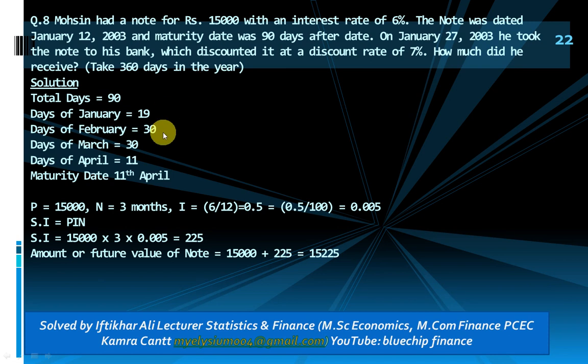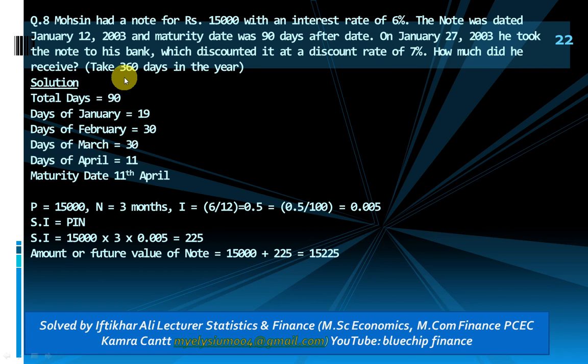It is the same type of question which was already asked in a previous paper, I think 2009, 8, 9 or 10. So first of all, we need to calculate the total days, because normally a note or bill, which you already studied in the bills of exchange, consists of 90 days.